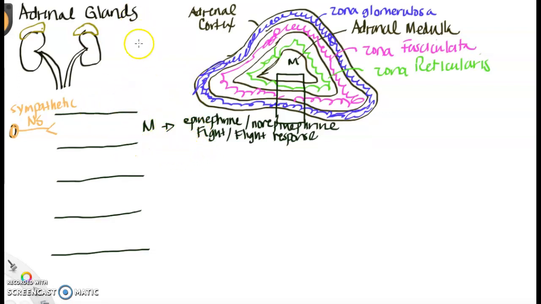So the next layer is the green layer. So the Zona Reticularis. And the Zona Reticularis secretes androgens.